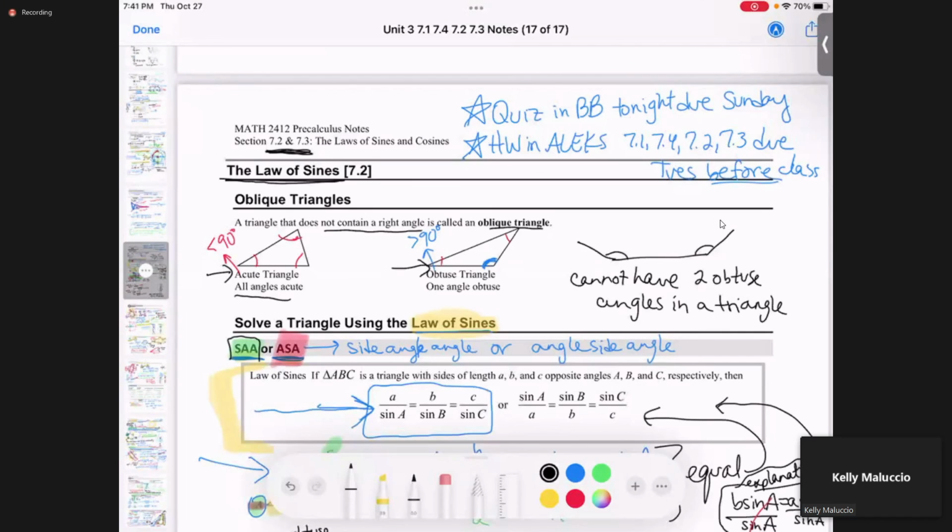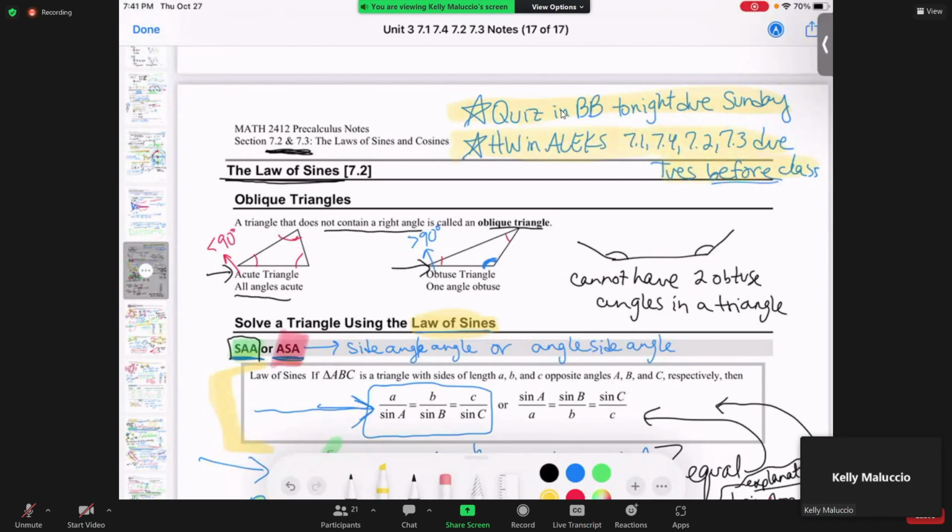There is homework in ALEKS on 7.1, parts 2 and 3, due Tuesday before class, by 6 p.m. You can turn it in later, but it will be late. I will not extend that. So reminder: quiz in Blackboard due Sunday, homework in ALEKS due Tuesday before class.